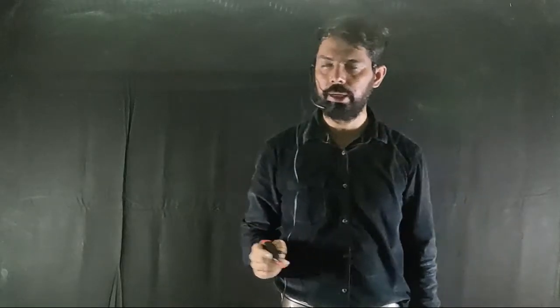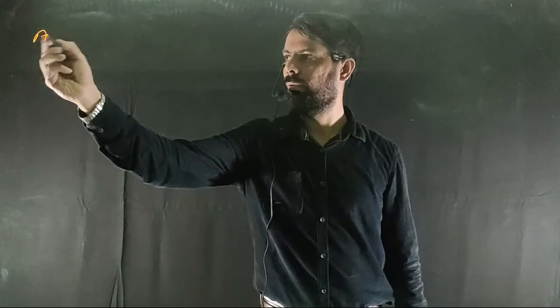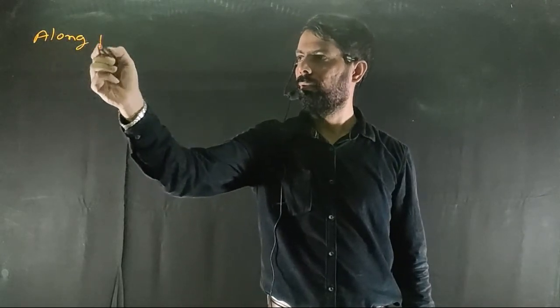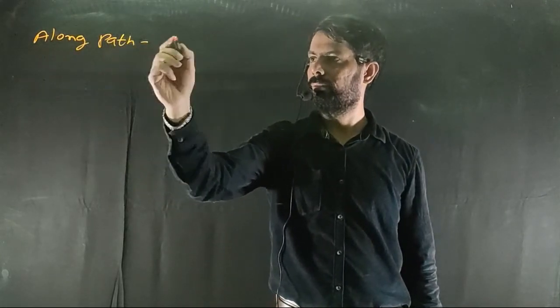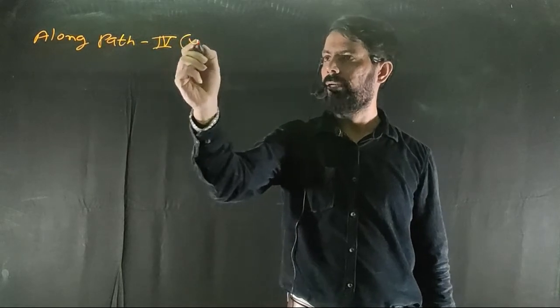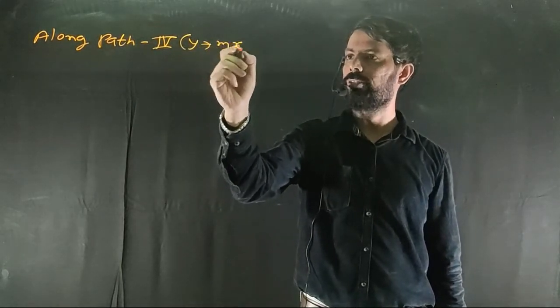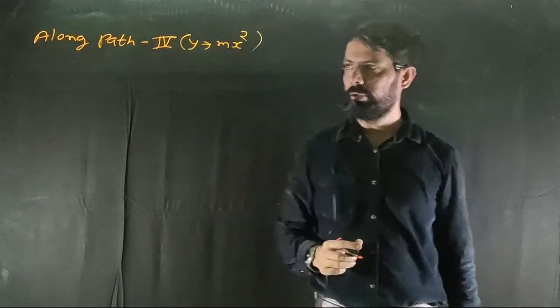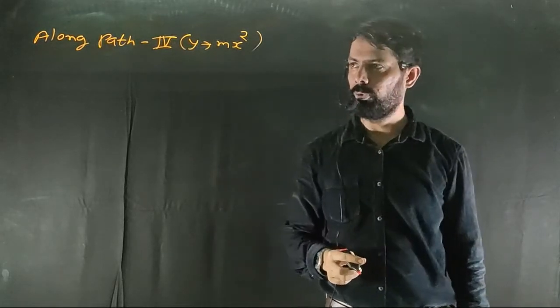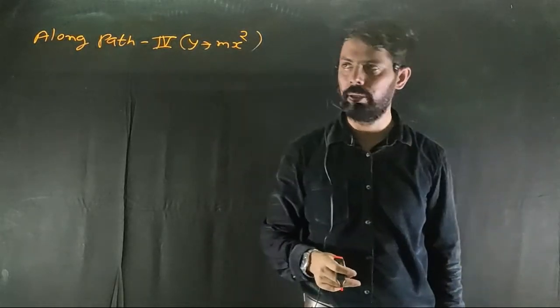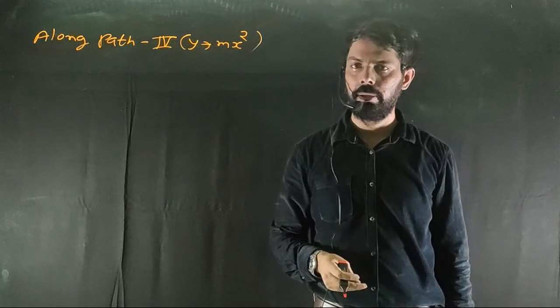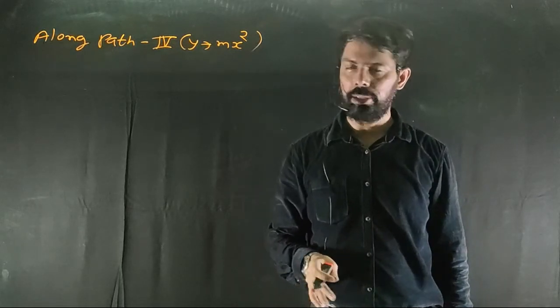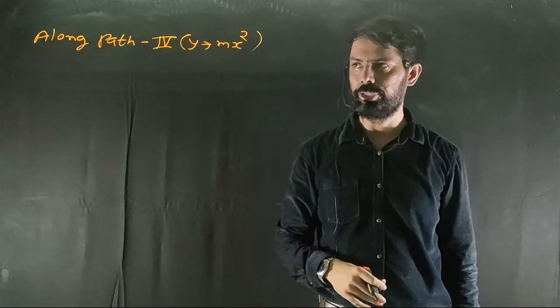Now we will find limit along path 4, that is y tends to mx square. Here we will find limit along path 4 because in this example limit along path 1, path 2 and path 3 is same, that is 0.